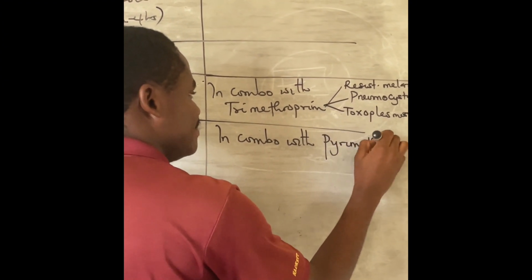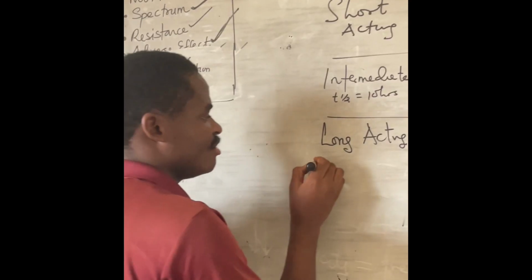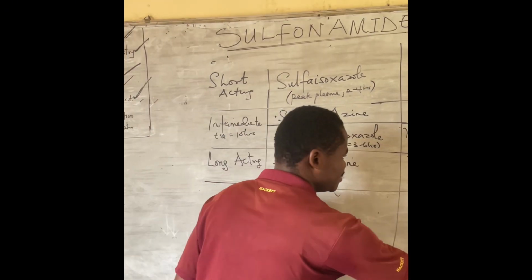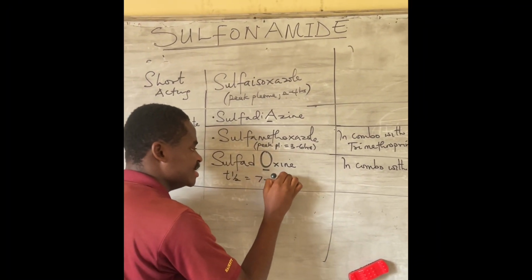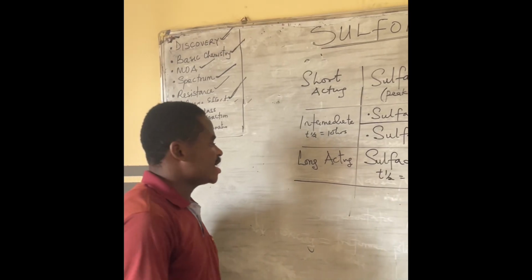And you remember pyrimethamine was used for the treatment of malaria, or preventive treatment of malaria in pregnant women. Now the half-life here is about 7 to 9 days.